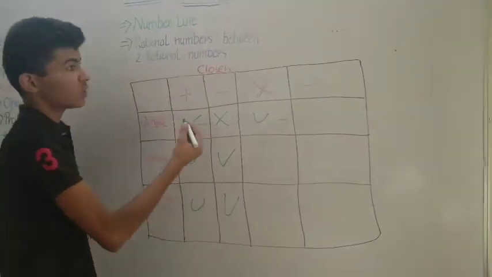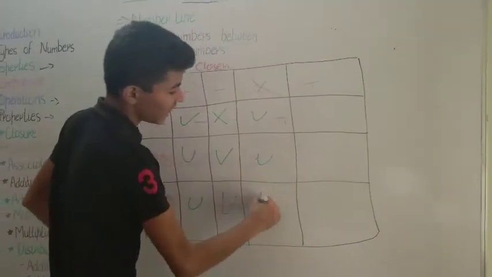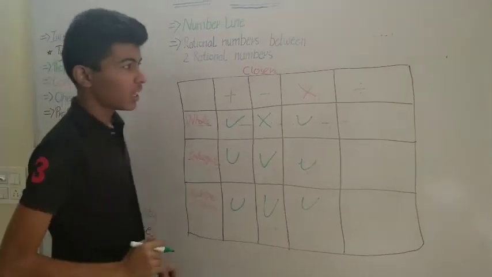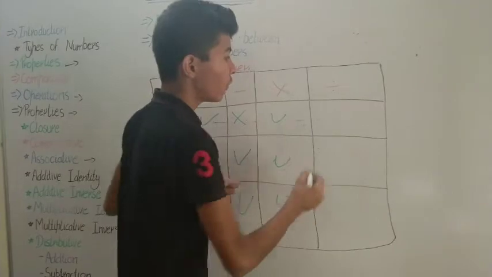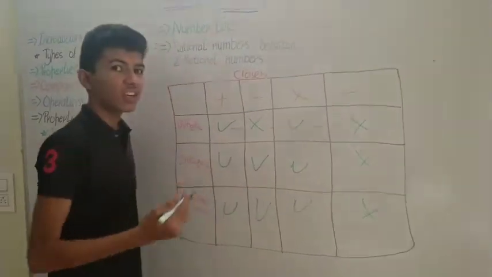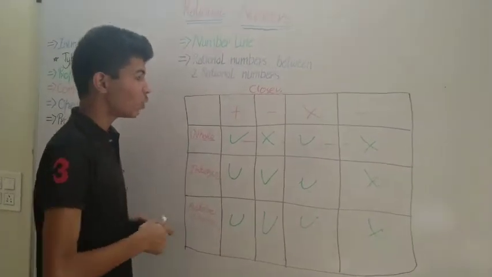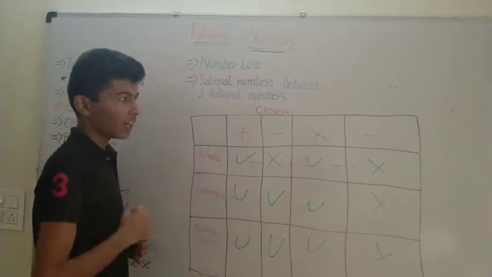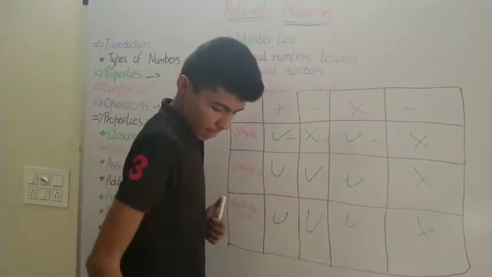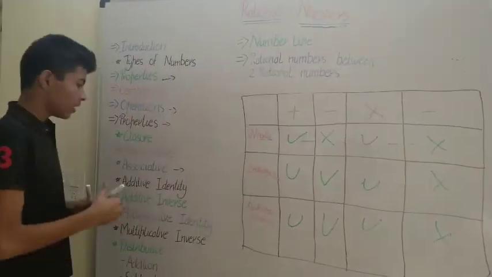All the numbers are closed under multiplication, that includes natural numbers, whole numbers, integers and rational numbers. And for division, none of the numbers follow the closure property. So this is how our closure property looks. Now let's move to the next property. The next property we have is commutative.